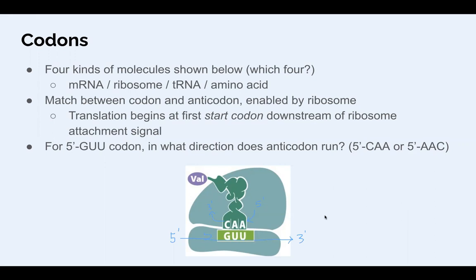So this question that's being asked on the third bullet point, in what direction does the anticodon run? It would actually run, if you had the 5' on there, it's actually 5' AAC, right? So just kind of a reminder, this is how nucleotides recognize each other with these complementary interactions. Whether it's DNA to DNA, DNA to RNA, or in this case, RNA to RNA, they all obey the same rule about matching each other as this anti-parallel running in opposite directions interaction.